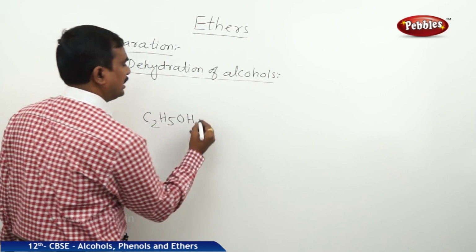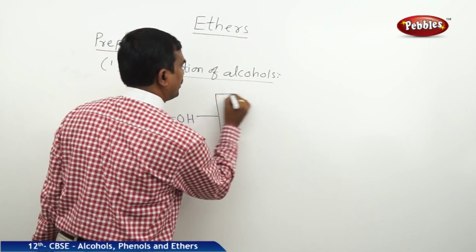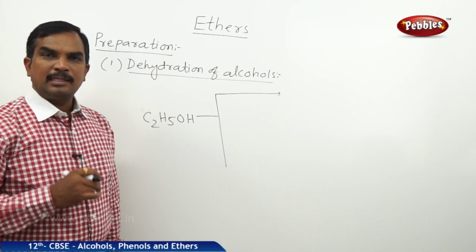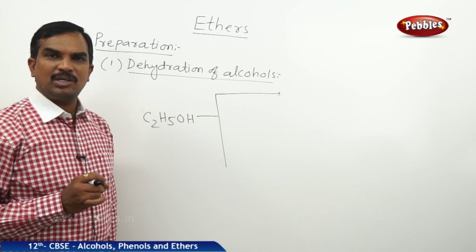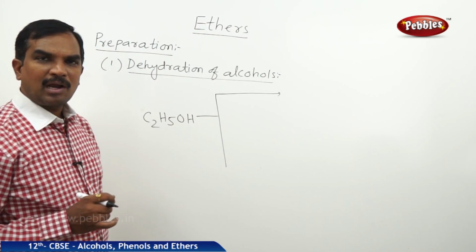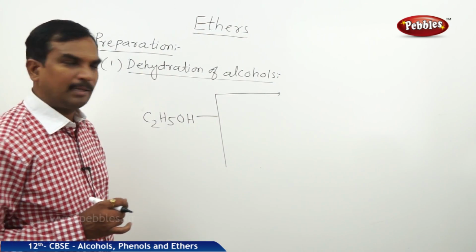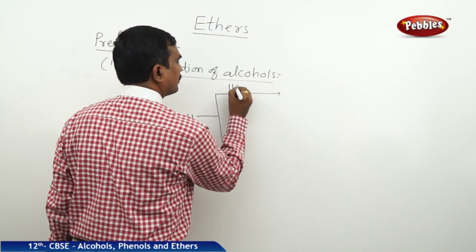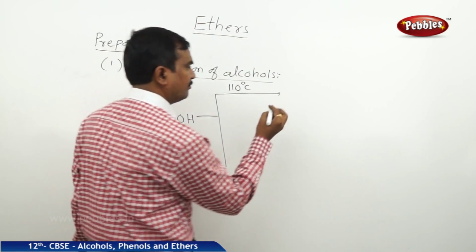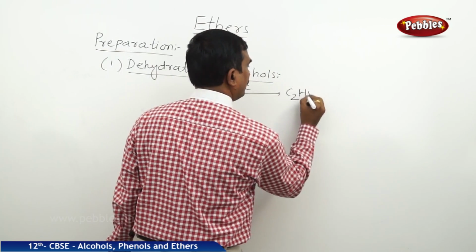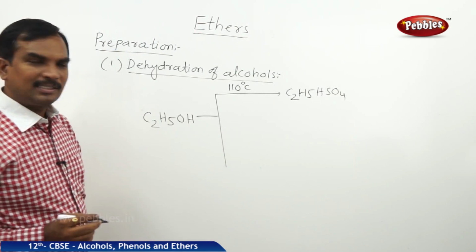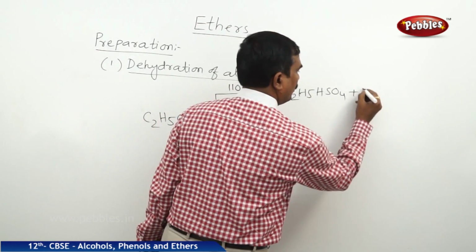Ethyl alcohol can give various products in presence of concentrated sulfuric acid. The product we get depends on the temperature condition. If you take ethyl alcohol in presence of concentrated sulfuric acid at about 110 degrees Celsius, at the lower temperature we will get ethyl hydrogen sulfate along with water.